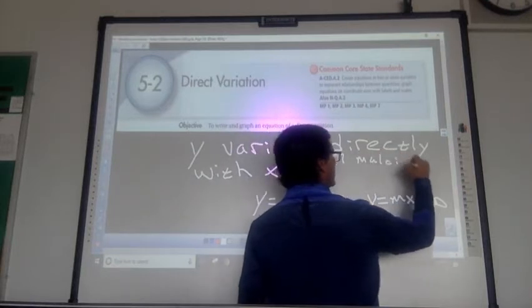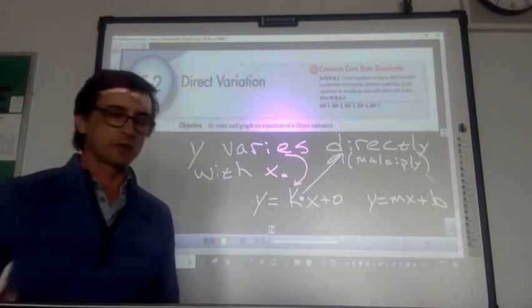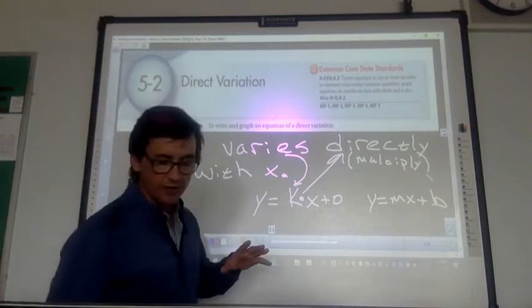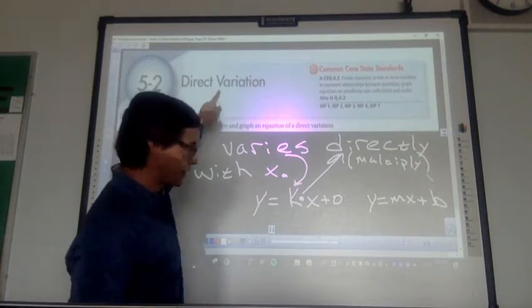What is it called if you graph it and it goes to the origin? If you graph a direct variation, it goes through the origin.